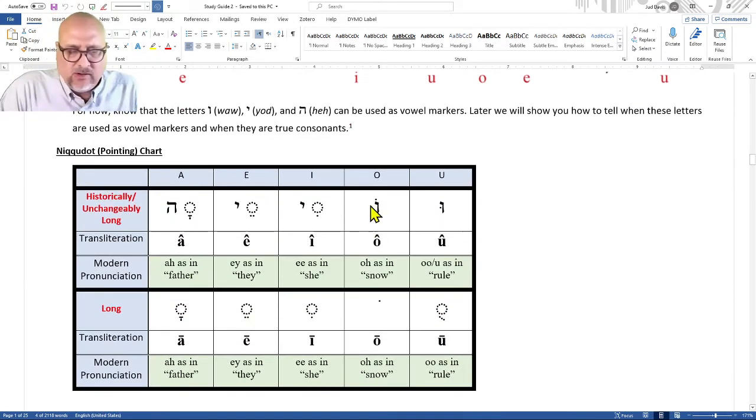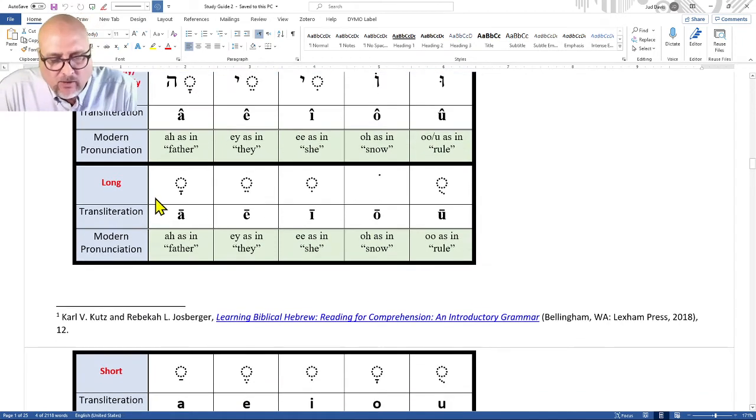But if you want a chart that kind of represents, these would be the historically long vowels or the unchangeably long vowels. I think if you think of these as Mater Lectionis letters, where they're using letters to represent vowels. When you come here, these are the long vowels.